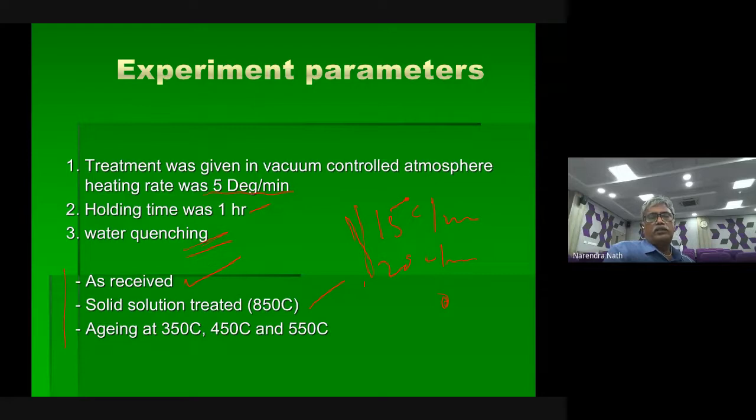Solid solution treatment is a high temperature treatment, so that the distribution of the particles, the titanium nickel or any unstable precipitates or any Ti-rich sites or Ni-rich sites, are normalized and mixed with the matrix. And aging, low temperature aging, is at 350, 450 and 550. This is just to allow the precipitates to stabilize.